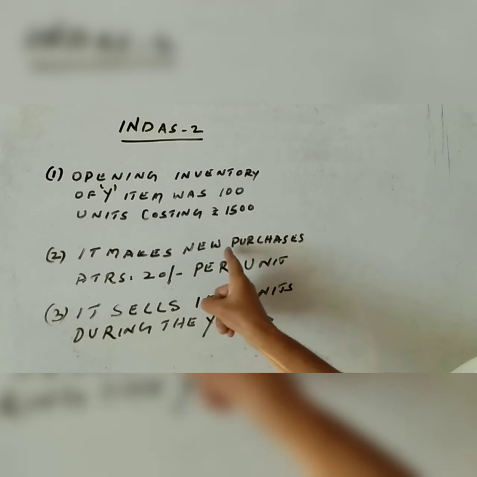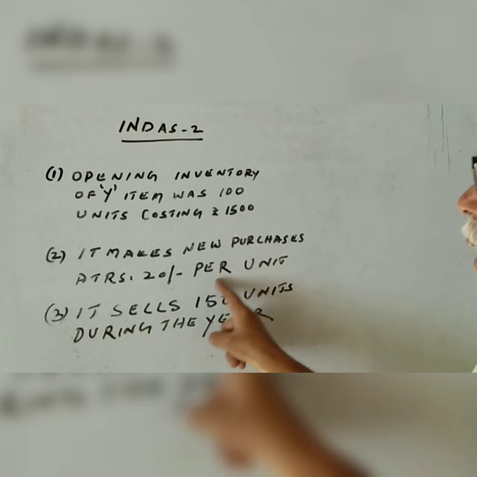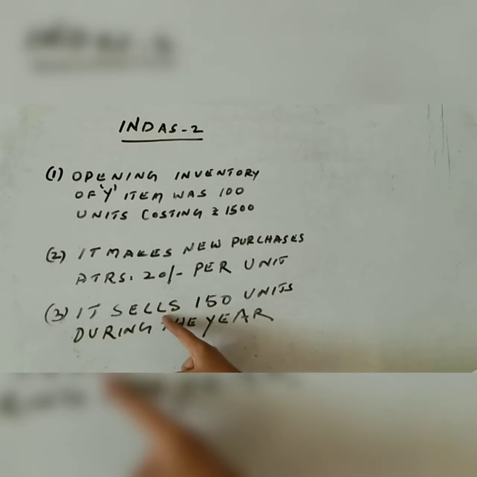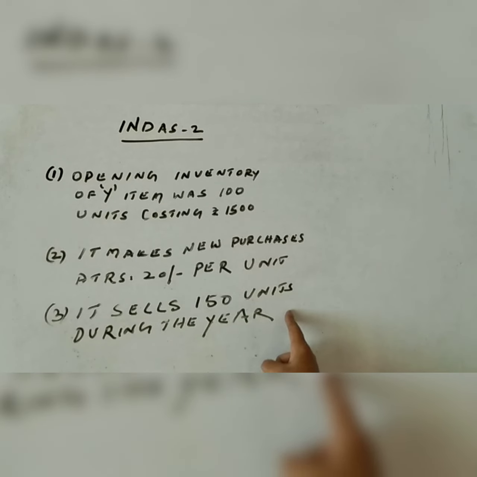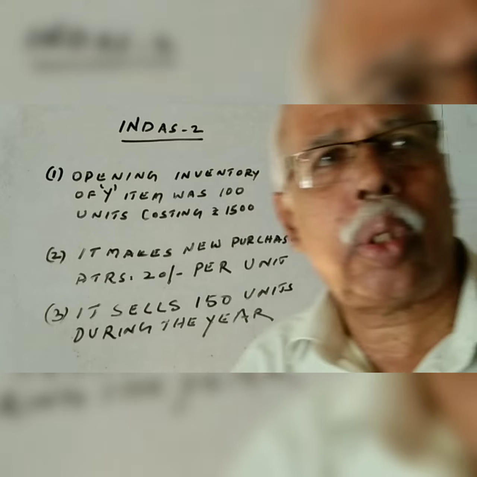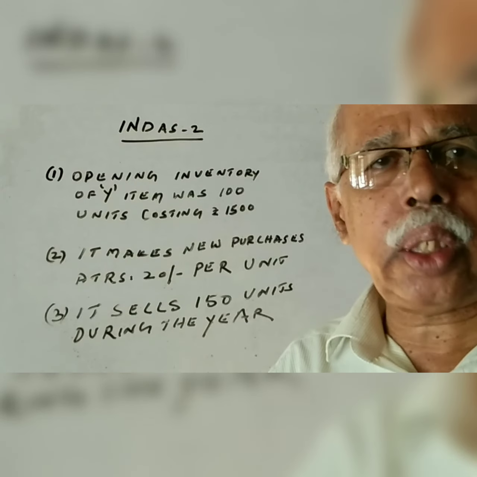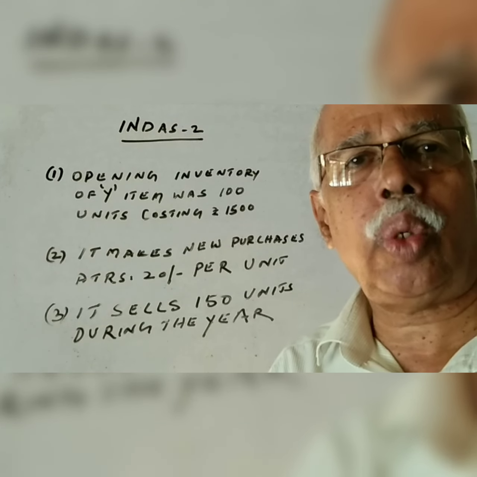It makes new purchases at rupees 20 per unit during the year. 3. It sells 150 units during the year. Find out the cost of sale and cost of closing inventory under the first in, first out method.